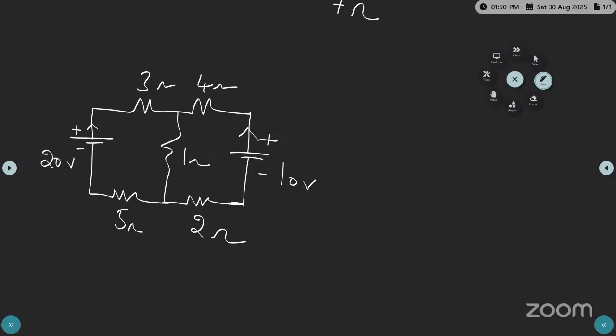So before going to study mesh analysis, I think you studied Kirchhoff laws in inter. I will give a brief idea about Kirchhoff laws, and then we'll solve mesh analysis.